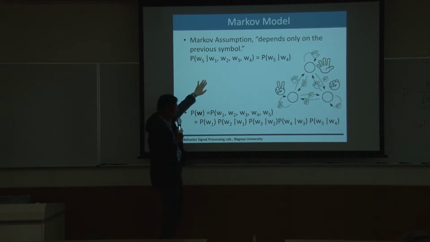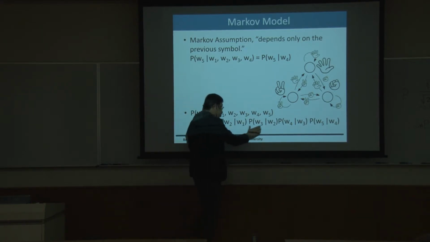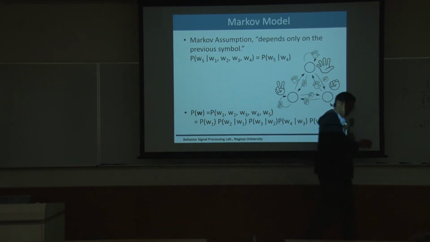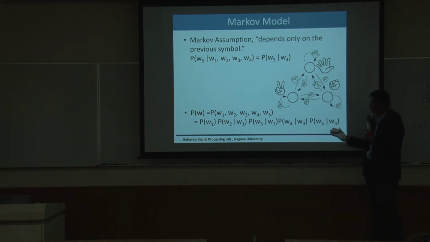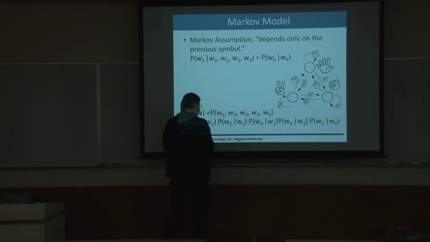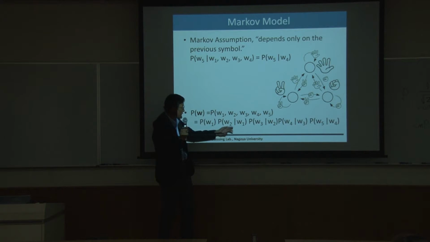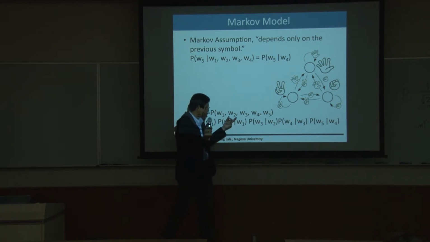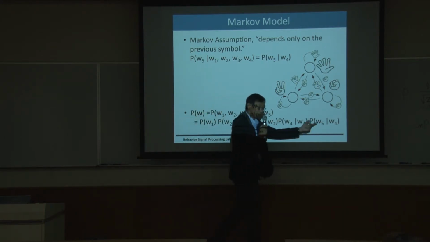Based on the Markovian assumption, you can calculate this multiple product with very simple terms. The good thing is that all of these are 2-term conditional probabilities. Therefore, you can use the same probability function for each of them.